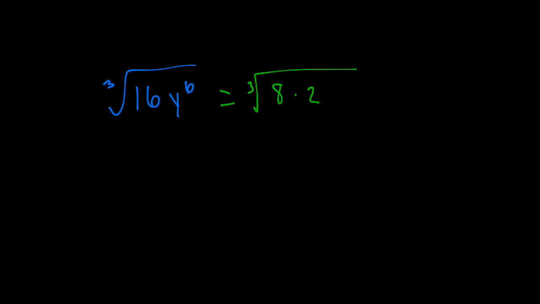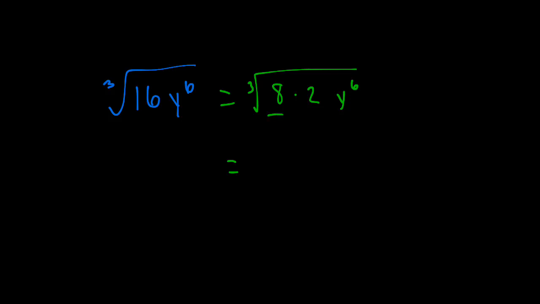And then y to the sixth is a perfect cube because 6 is divisible by 3. That's how we know if something is a perfect cube. If the exponent is divisible by the power of the root we're taking, then that's going to come out evenly. So 6 divided by 3 comes out even, so that will come out cleanly.